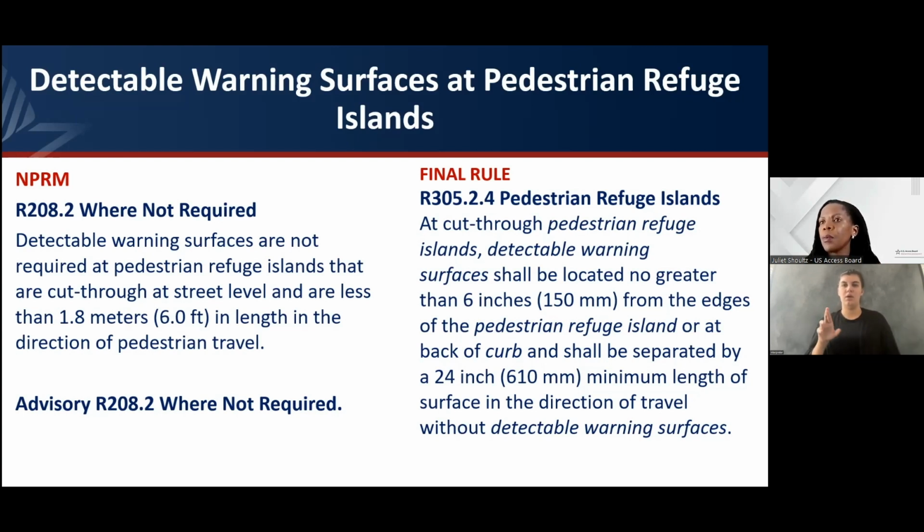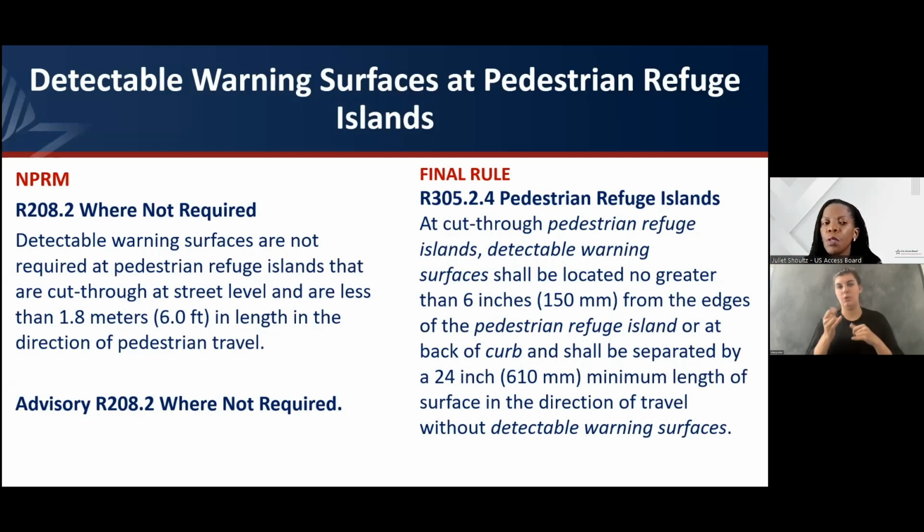So in the NPRM, we had at R208.2, where not required, we'd stated that detectable warning surfaces are not required at pedestrian refuge islands that are cut through at street level and are less than 6 feet in length in the direction of pedestrian travel. And there was also accompanying advisory language.